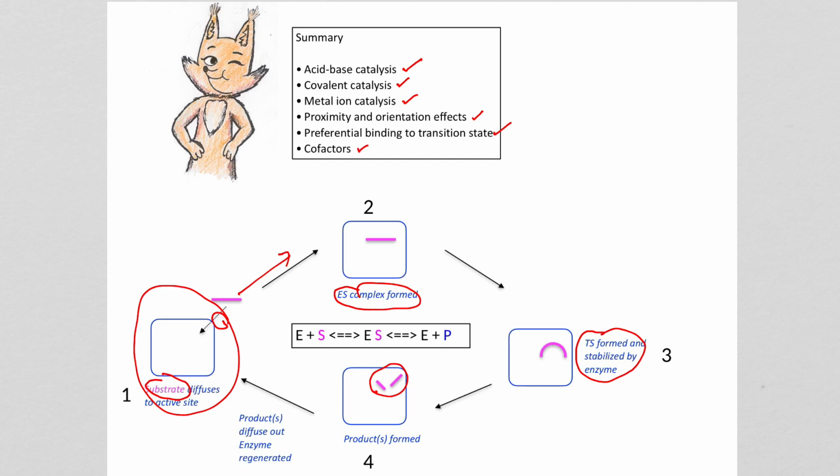So we can represent this as this equation where the enzyme binds a substrate to form an enzyme-substrate complex, which then breaks down to regenerate the enzyme and give you the product.